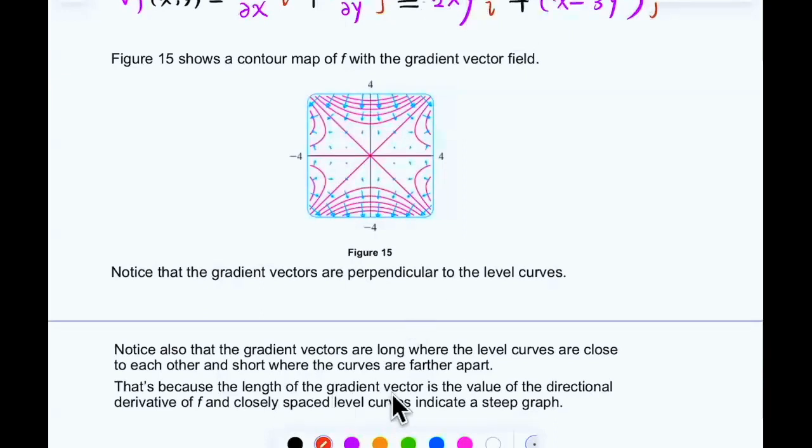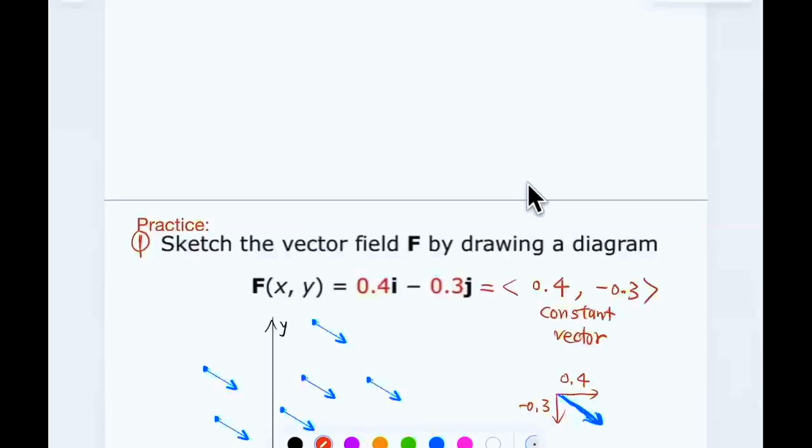The length of the gradient vector is the value of the directional derivative of f, and closely spaced level curves indicate a steep graph. Remember the directional derivative of f? The magnitude of that is the length of the gradient vector. Okay. So we're actually done with this section.